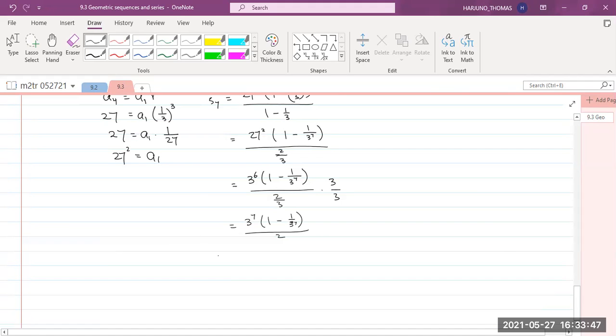That is 3 to the 7 minus 1 over 2. Okay, we can use a calculator for that. That's 1093.